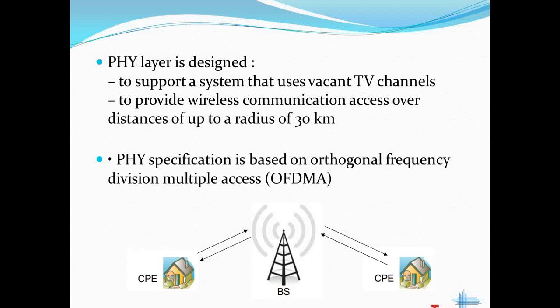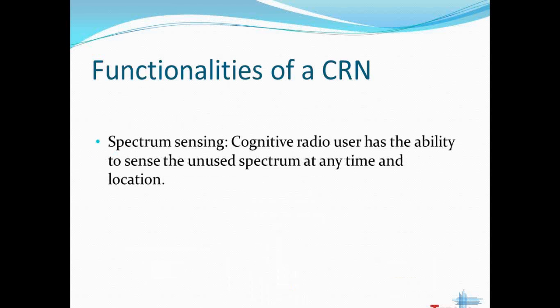To break down the functionalities of a cognitive radio network, one can say that it has four main steps. The first is spectrum sensing. The cognitive radio user should have the ability to sense the unused spectrum at any time and location.